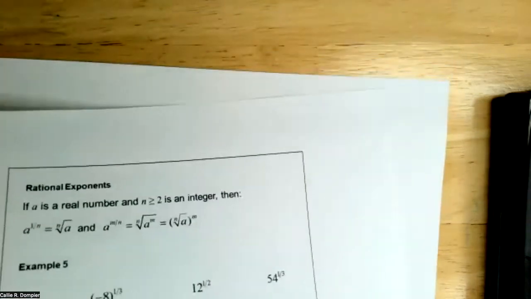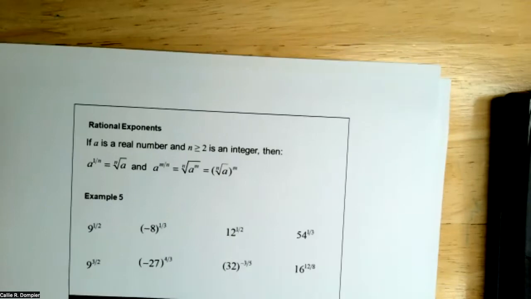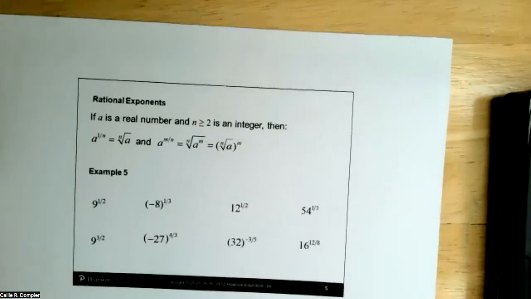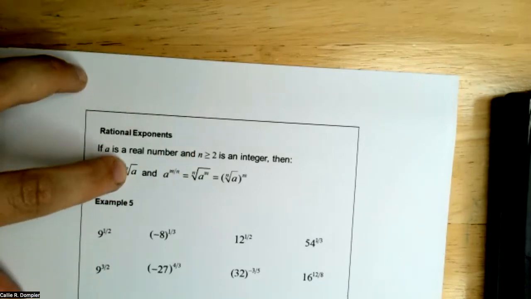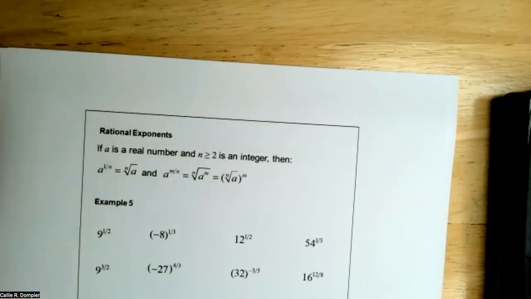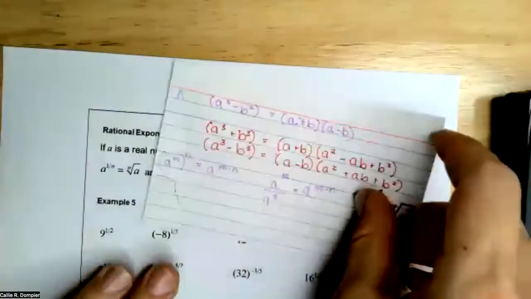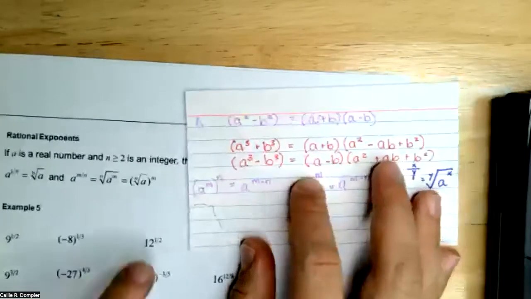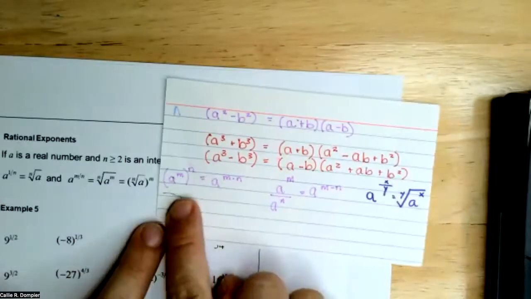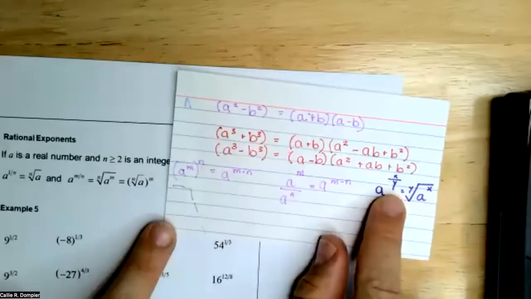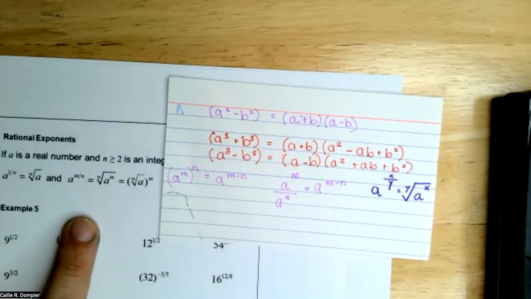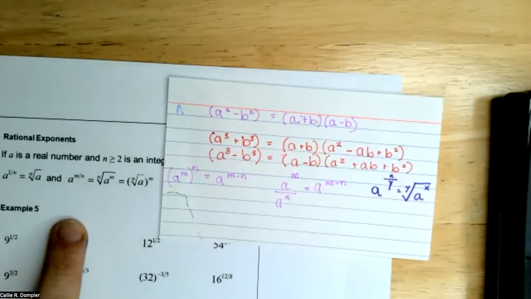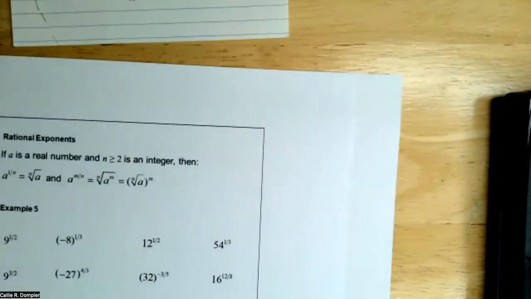All right, rational exponents. If a is a real number and n is an integer greater than or equal to 2, then the rules are just like the rules of exponents, right? Not really.